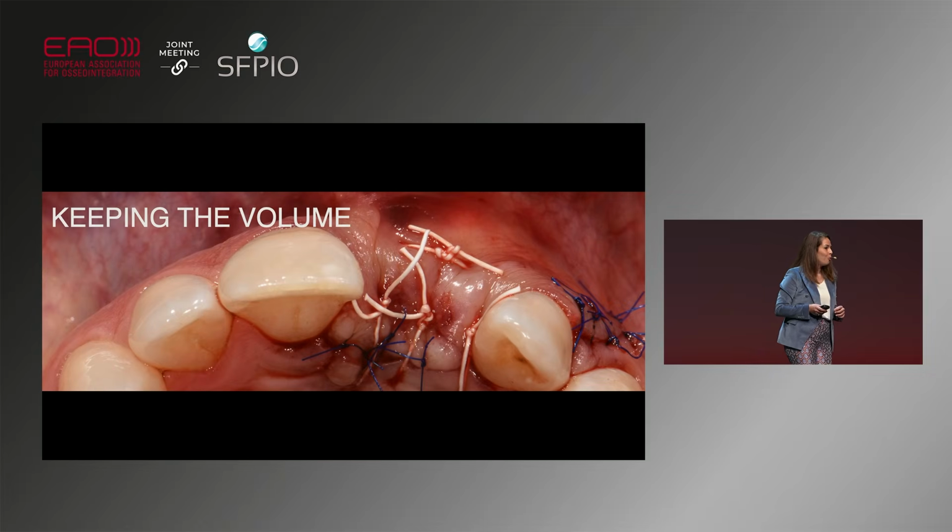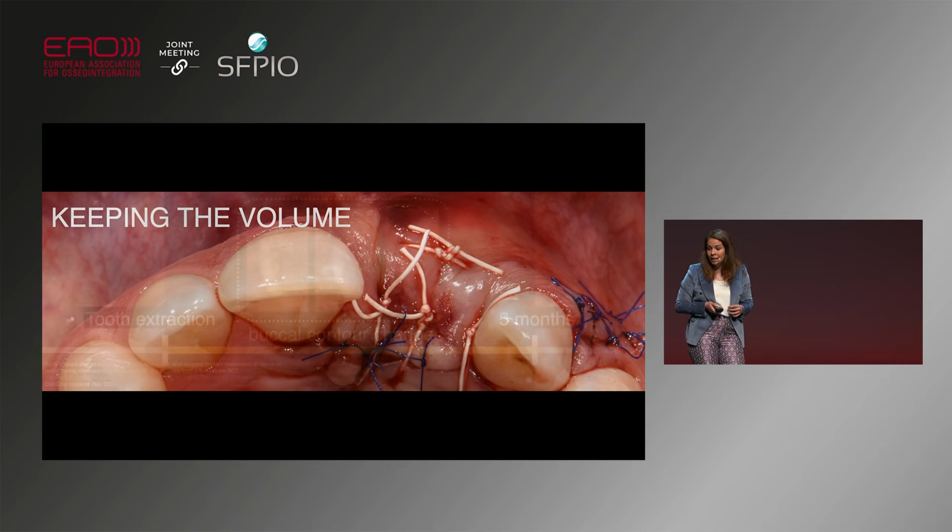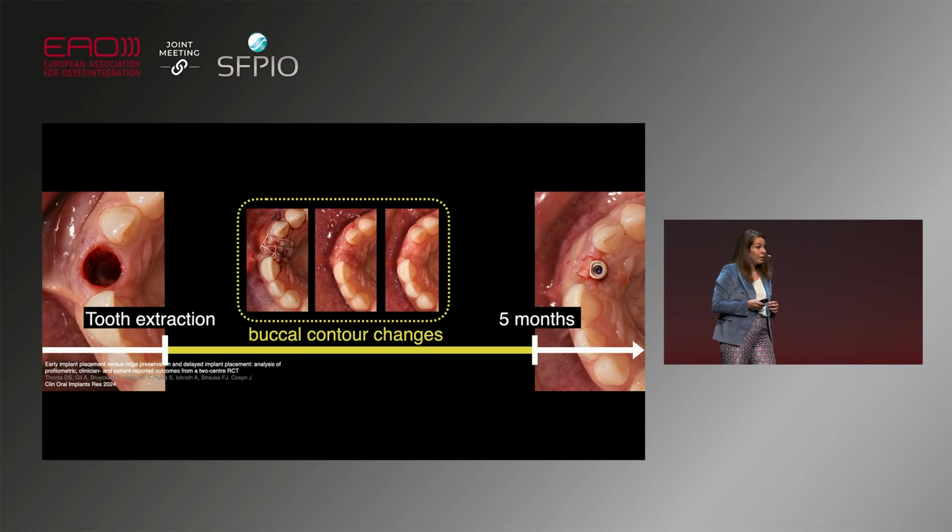From there on, it's all about keeping the volume you have just built up. But what can you expect from that? That's another study, the same study I presented just before, same group, and they were also looking at that. They were looking at what happens with the buccal contour between tooth extraction and 5 months later.